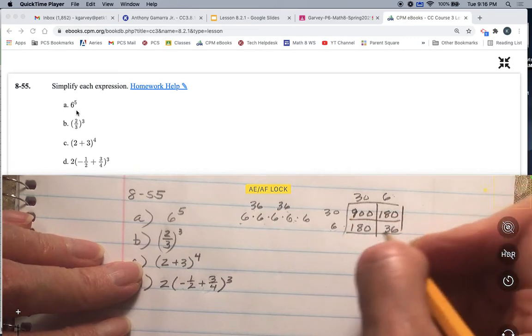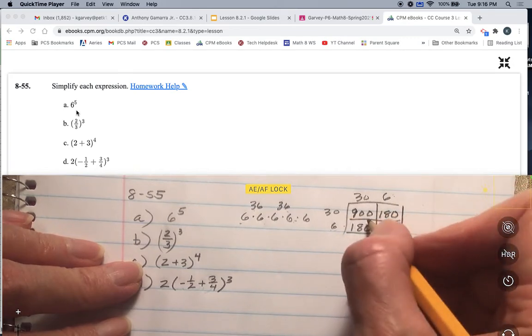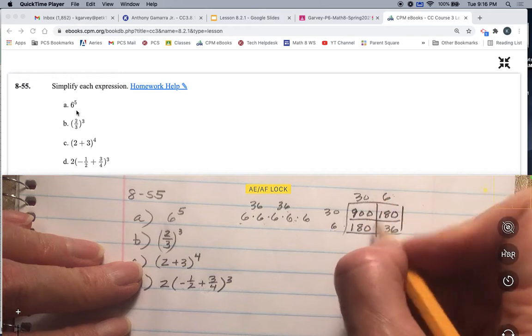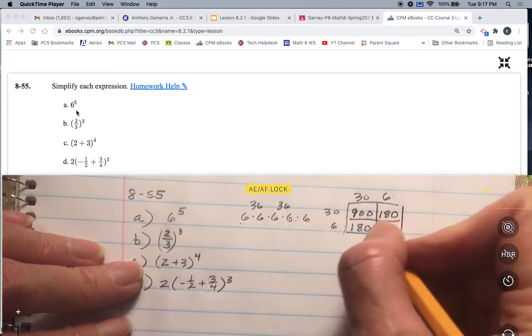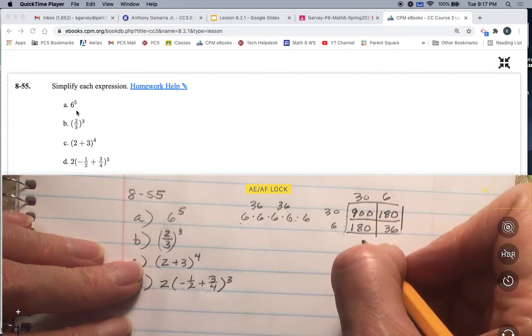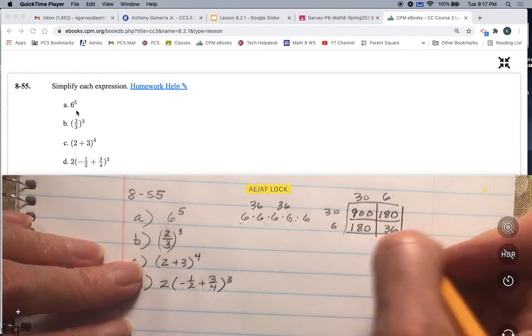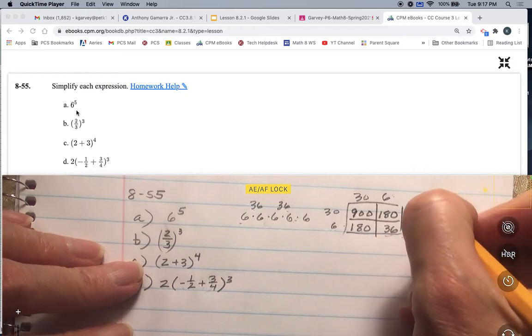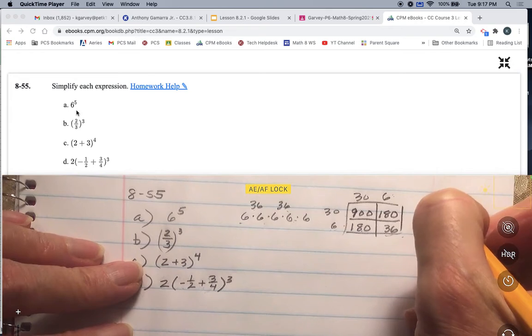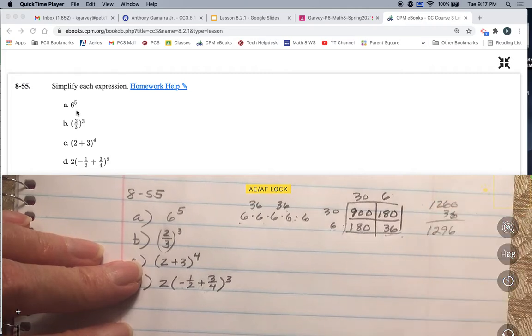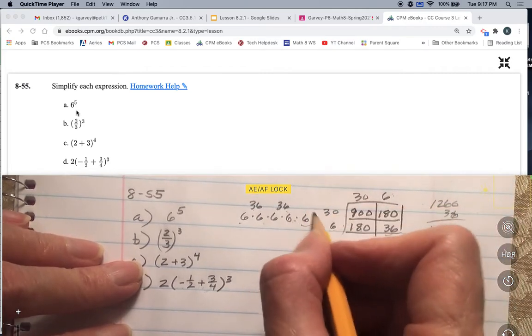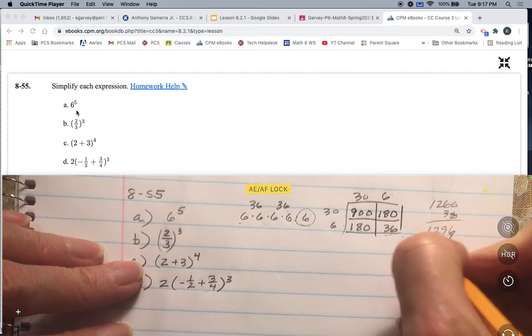If we add all these together, 900 plus 200 is 1100, plus 160 is 1260, and then the 36. So 1260 plus 36 is going to be 1296. Then we've got one more 6 we have to multiply that by.